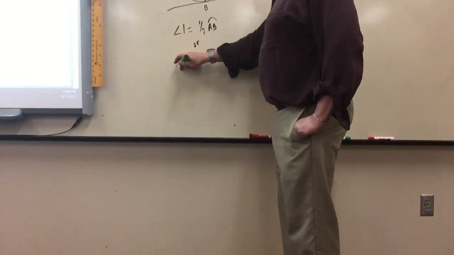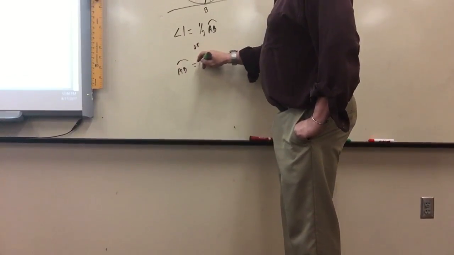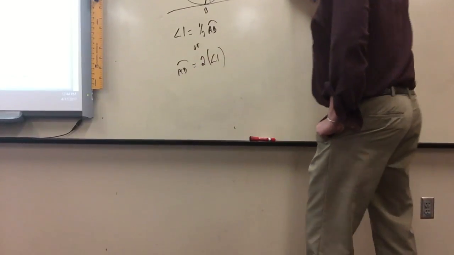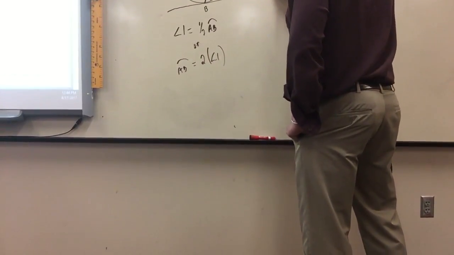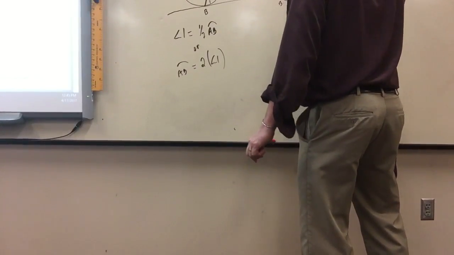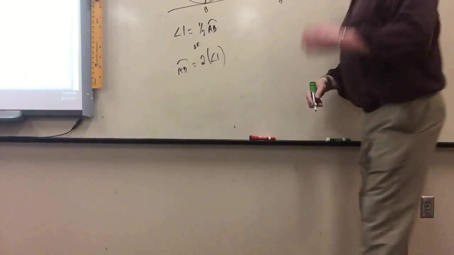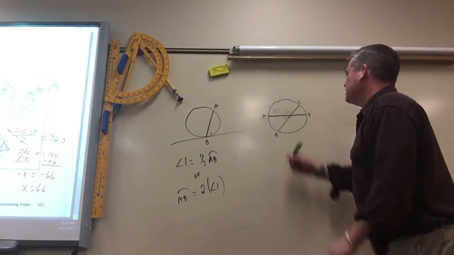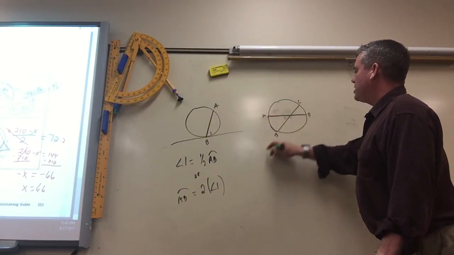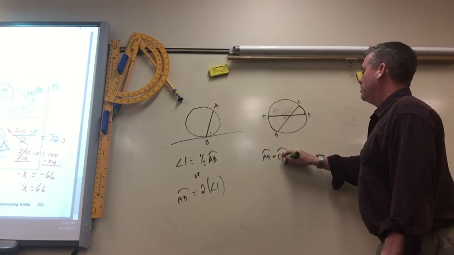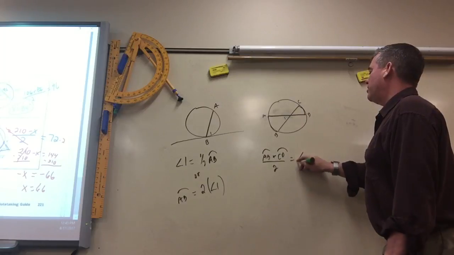Or you can think of it this way, the arc is double the angle. And then if you got 2 chords that intersect, it's the arc it intersects plus the arc on the other side divided by 2 to find the angle.